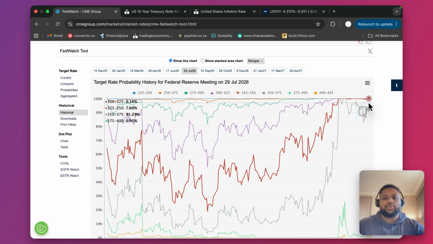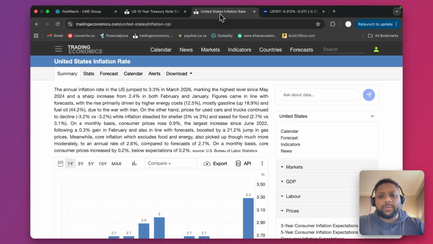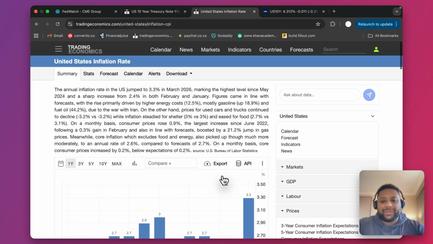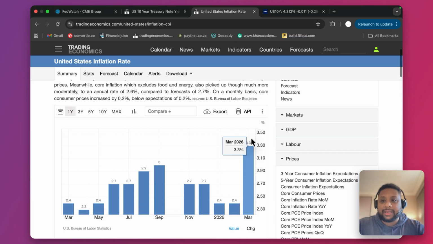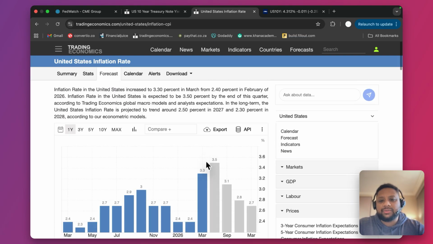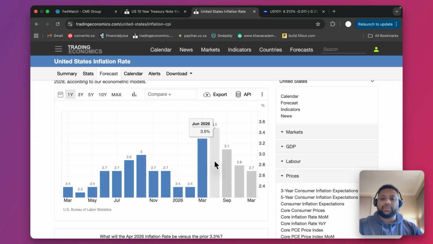And this has a lot to do with what's happening in terms of oil, what's happening with the Strait of Hormuz, and how this all affects inflation. When we look at the inflation for the US as it stands, you'll see that for the month of March, it is 3.3%, right? When we go to the forecasting section, you'll notice that at least moving forward into June, we're looking at a 3.5% increase, essentially just a 0.2% increase from where we currently are.